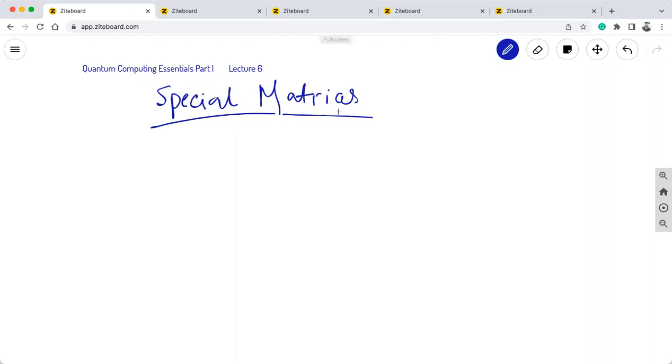For this class of special matrices, we'll be discussing the unitary matrix and the orthogonal matrices.